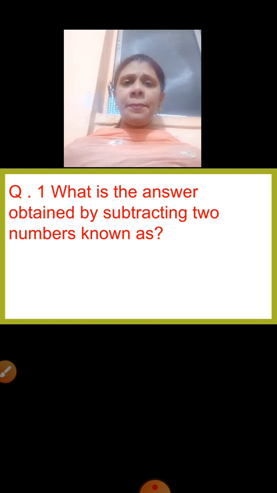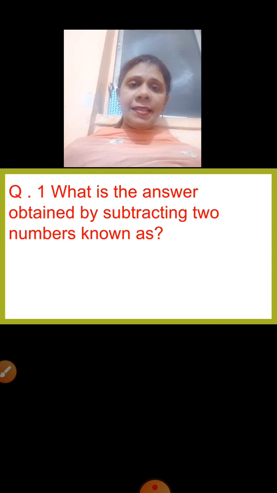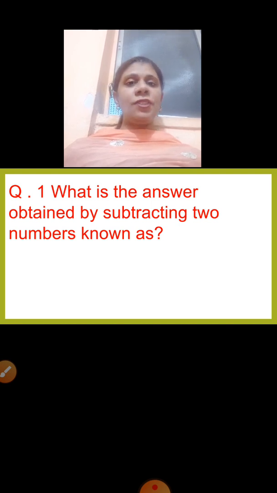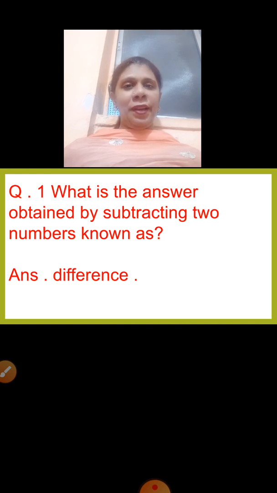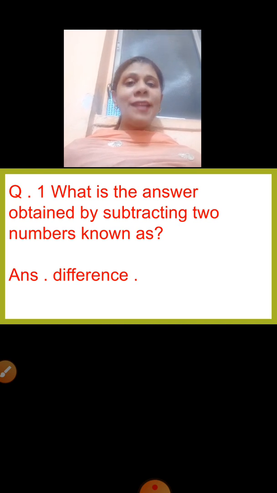Now, children, when we subtract two numbers, the answer that we get, what is that known as? Think and tell me. Difference, correct. The answer that we get when we subtract two numbers is known as difference.